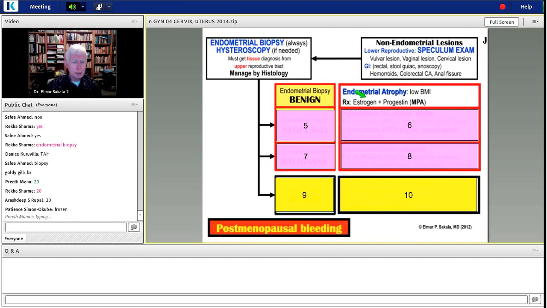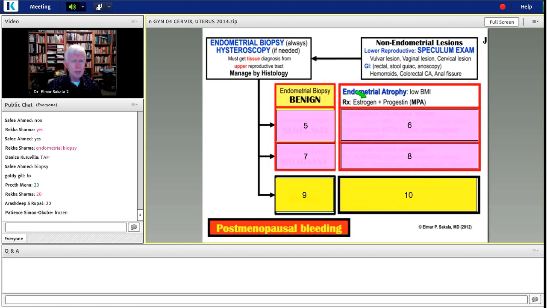You've got to give estrogen. But if you give estrogen only, you can get endometrial hyperplasia. So we need to give estrogen plus progestin. The most common progestin we use is MPA, medroxyprogesterone acetate. The trade name is Provera. You've probably heard of that. So if you've got endometrial atrophy, it's most likely from a low BMI, low estrogen. So we need to give estrogen and progestin.